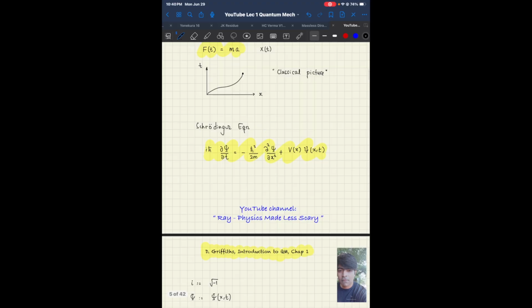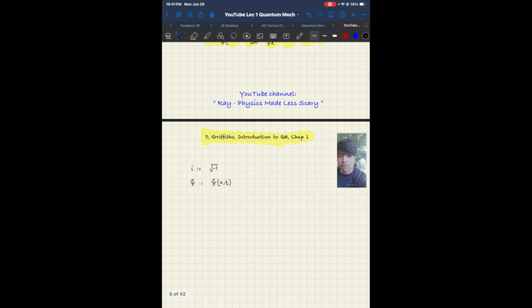For simplicity, this is one spatial dimension. So this is called the wave function, which is the primary object of interest in quantum mechanics.